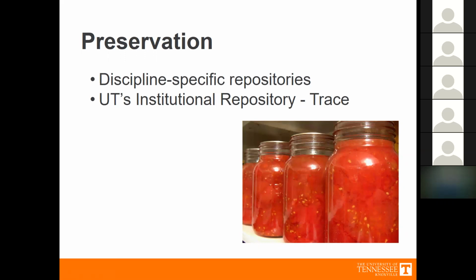We are more than willing to preserve research data within Trace, and we can provide a DOI to that data set, which helps in discoverability and citation of the data. So feel free to reach out to me if you have any questions about how to preserve research data within Trace, or if you need help in locating a suitable discipline-specific repository for your data. I'm always happy to help with that.